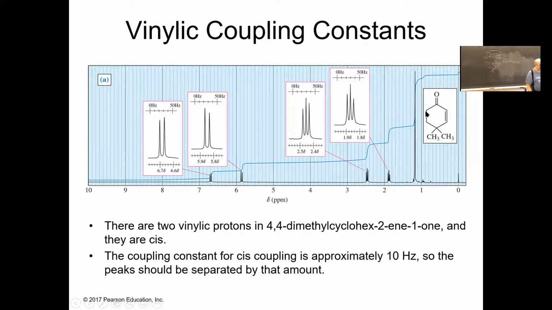And then we have a CH2 and a CH2. Those are both triplets, and that's what we have here. The coupling constant is approximately 10 hertz. Since these are coupled to each other, the spacing is the same.